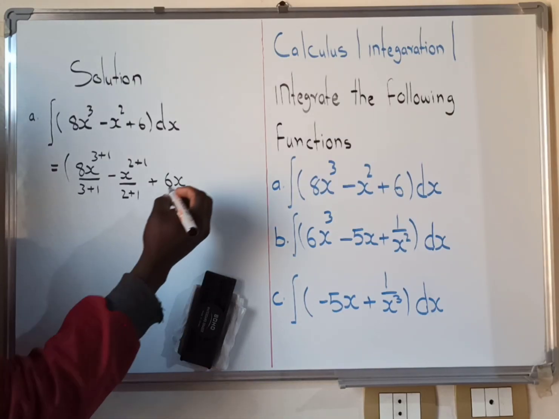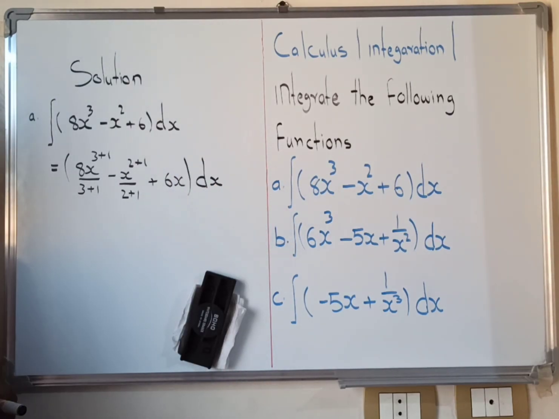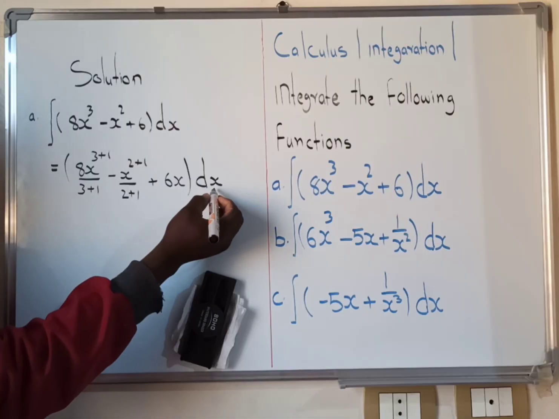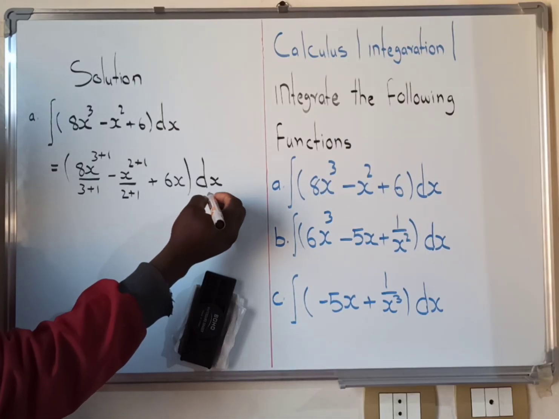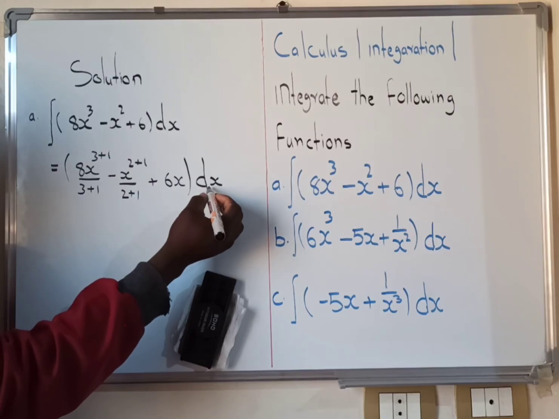Therefore, we put it in bracket and say dx. So here, don't mess up. We have put everything in bracket and say dx. We're not going to deal with dx immediately. We have to solve what is in the bracket first, then we're going to see c.